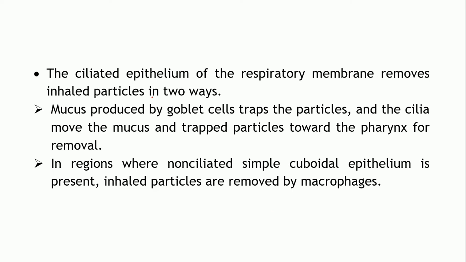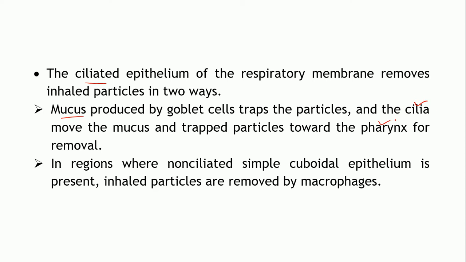Okay. Now, these ciliated epithelium will help in removal of the particles. As we have seen, mucus is produced by the goblet cells, which trap the particles, and the cilia help in removal of this mucus along with the trapped particles towards the pharynx. So, it will be removed.